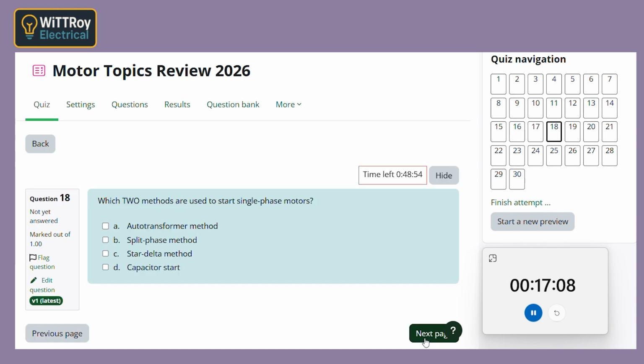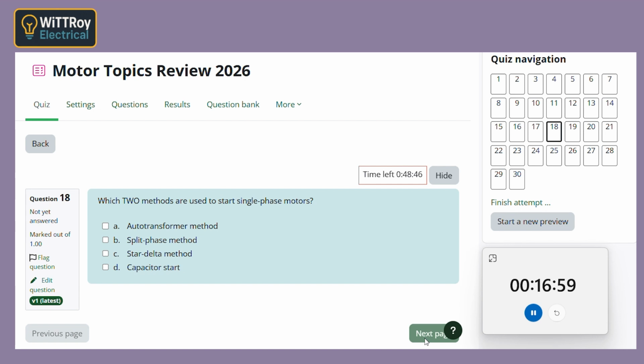Question 18. Which two methods are used to start single-phase motors? Capacitor start and split phase. Yes, let's explain both. Capacitor start motors use a capacitor in the auxiliary winding to create phase shift. That gives a stronger rotating effect and better starting torque. So the capacitor helps make it behave more like a rotating field. Exactly.